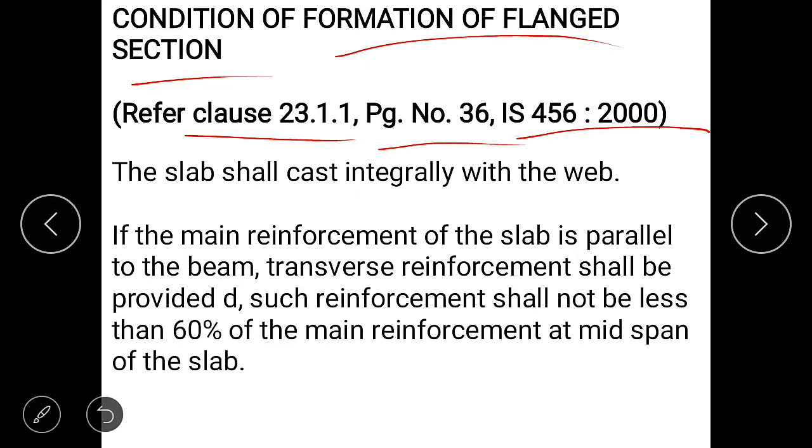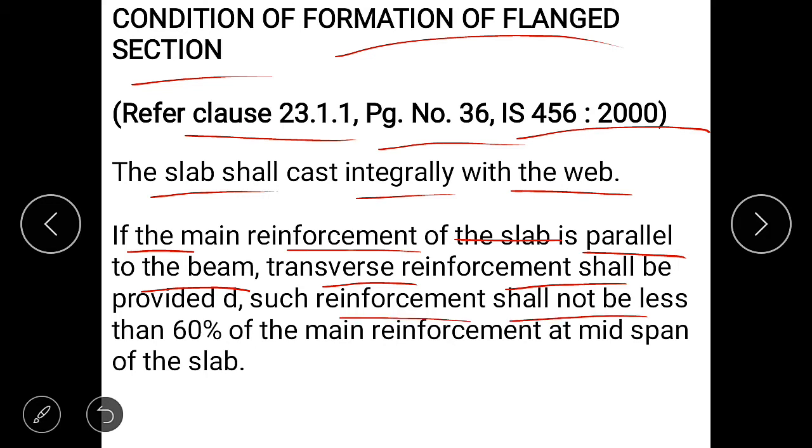The slab shall be cast integrally with the web. If the main reinforcement of the slab is parallel to the beam, transverse reinforcement shall be provided. Such reinforcement shall not be less than 60% of the main reinforcement at the mid span of the slab.